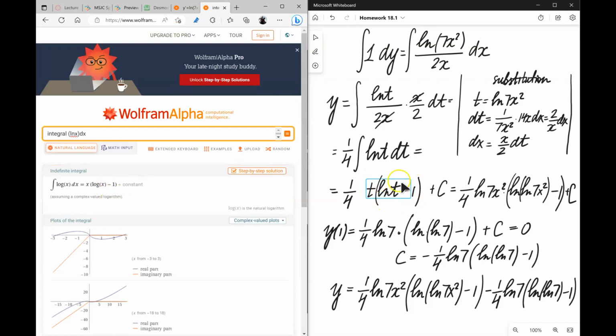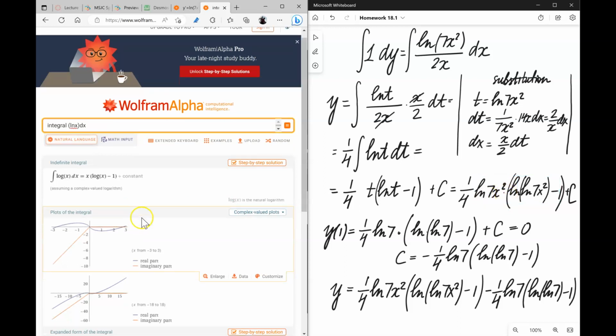This is t equals ln of 7x squared, so it's 14x. That's fine, right? So dx. Okay, this is fine. So this looks fine. Instead of t, we put 7x squared. That's also fine.